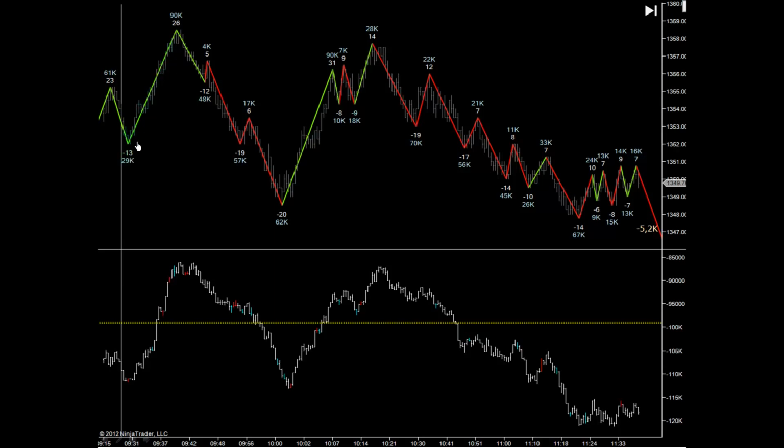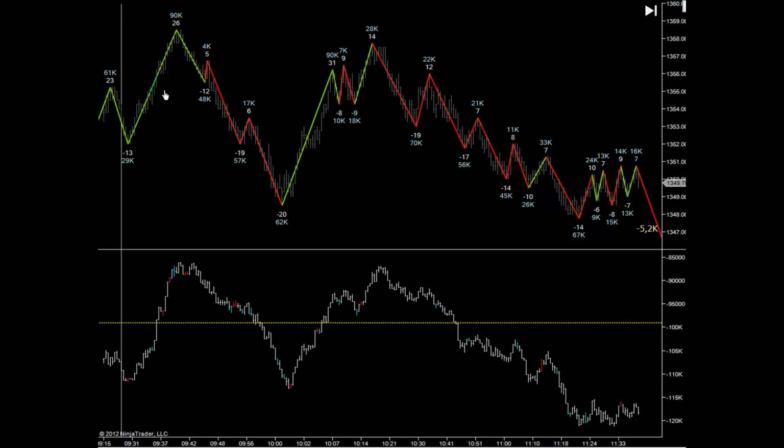Just to let you know how these things are coloured here, you're going to get a green bar on a swing up. And by the way, this is a free indicator that's showing the swings here. It's not something I sell. The swings are going to be coloured green if there's a swing up and the number of contracts traded in the swing up is greater than the last swing down.